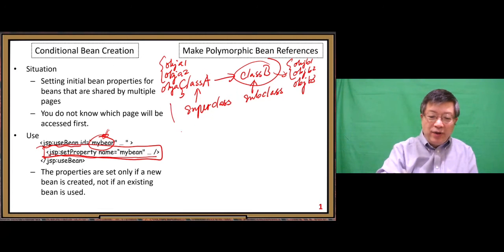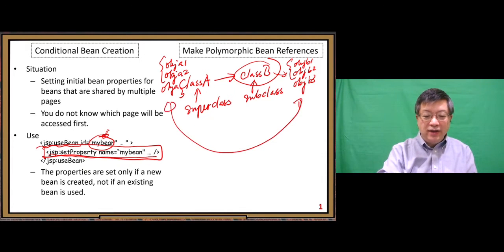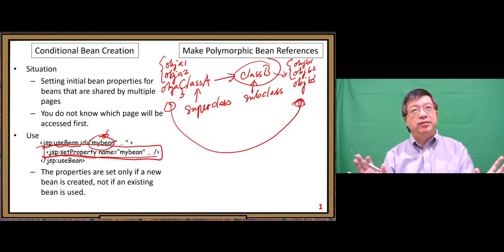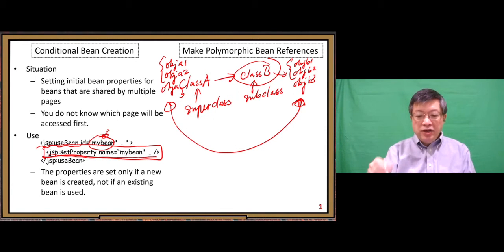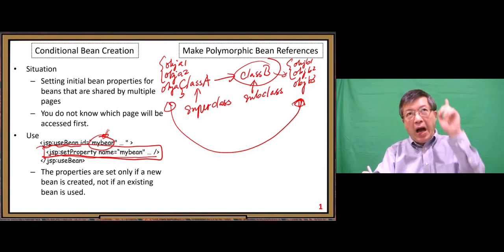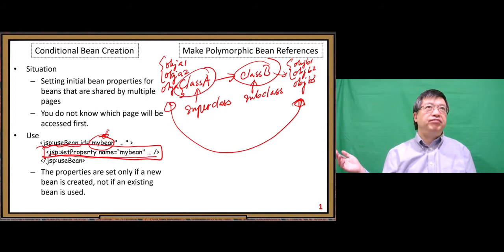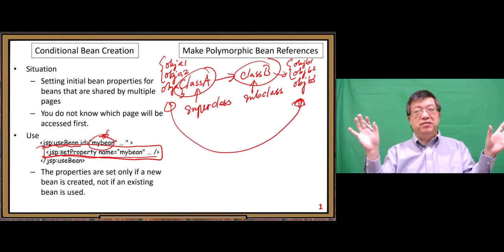Now, you put them together. So you put all these objects together in a bigger sequence. This bigger sequence are all objects of class A. Now, polymorphism.